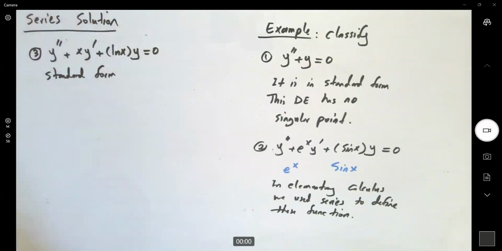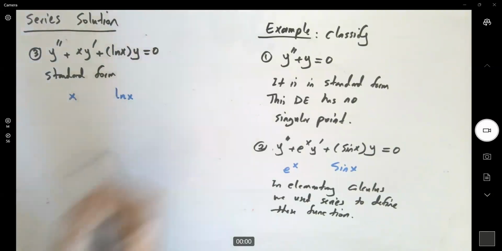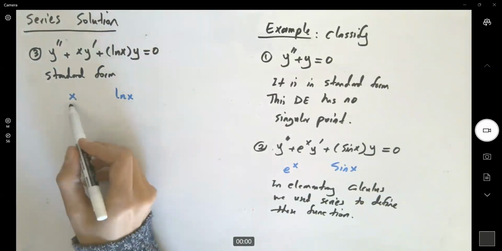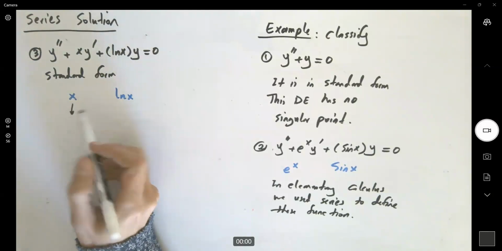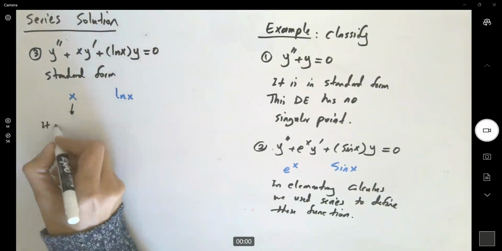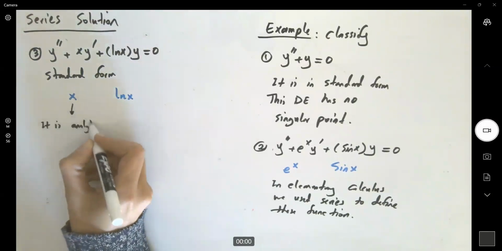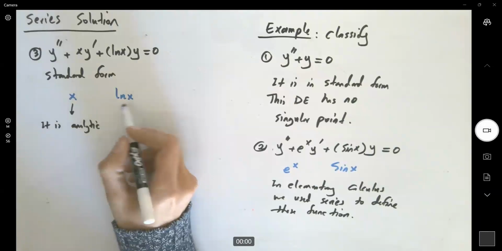So we look at the coefficients x and ln of x. We're not really worried about x. It's defined everywhere and it's analytic at every real number. However, for ln of x, we should be careful.